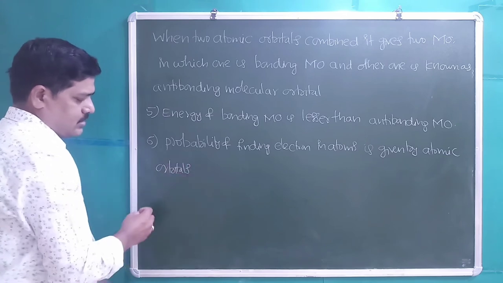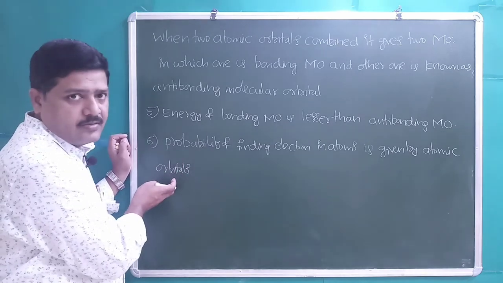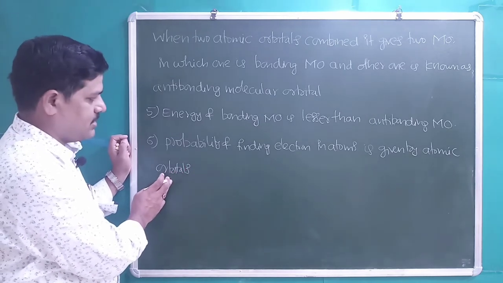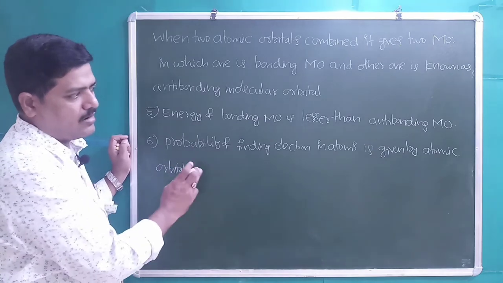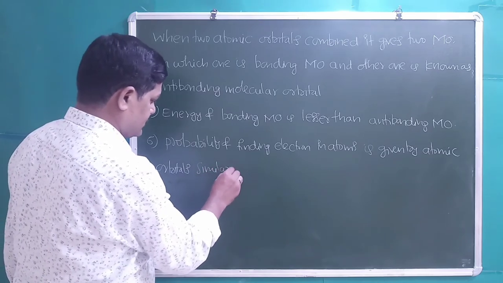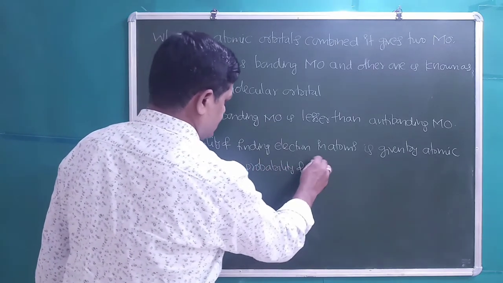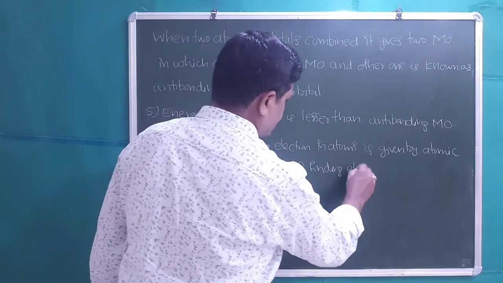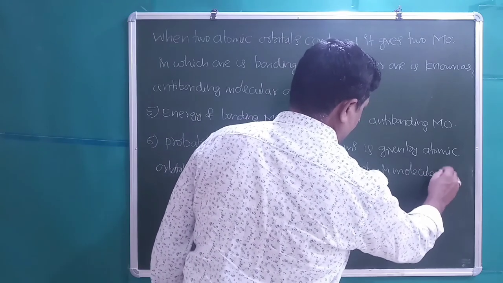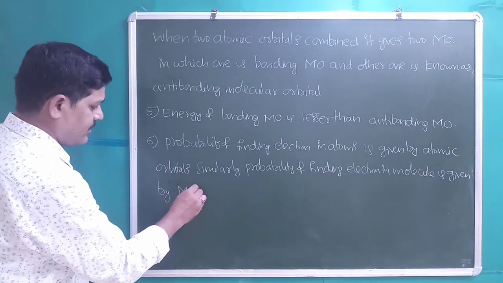Students, we know the region where the probability of finding an electron around the nucleus is maximum is called an orbital. Similarly, the probability of finding an electron in a molecule is given by molecular orbitals.